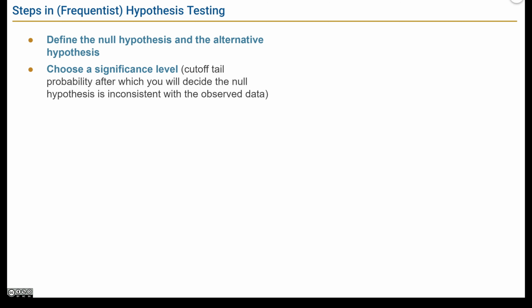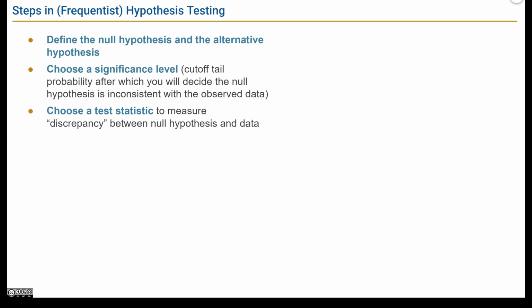In general, once you determine you've met the criteria for hypothesis testing, the main steps are to define the null and the alternative hypotheses, and to choose a significance level. That's the cutoff probability after which you will decide your null hypothesis is inconsistent with the observed data. Choose a test statistic to help you measure the discrepancy between the null and the data.